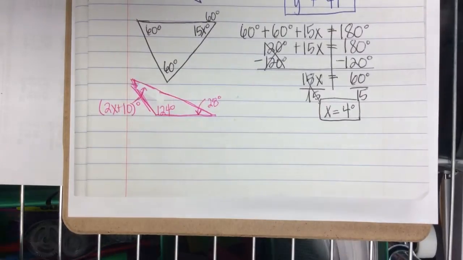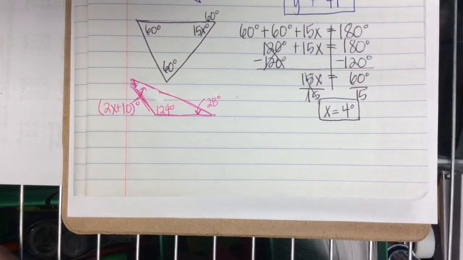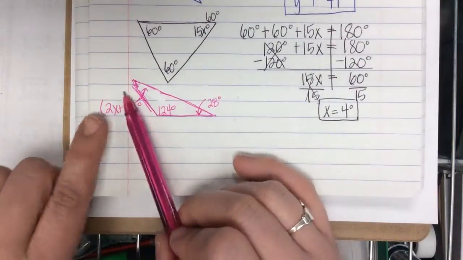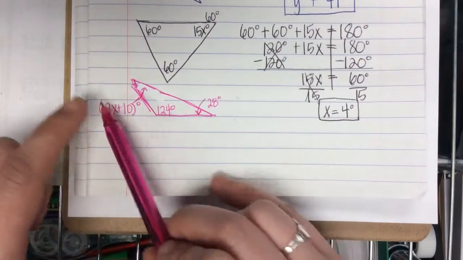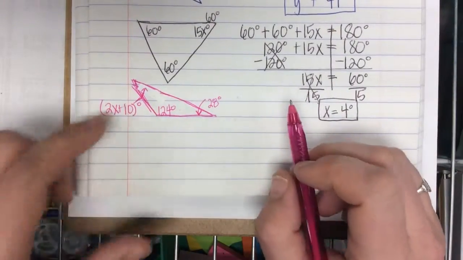But I'm going to set this problem up the exact same way I did every other problem. I know that if they give me all three angles, which they did, they're just not all numbers, I have variables, but that's okay.